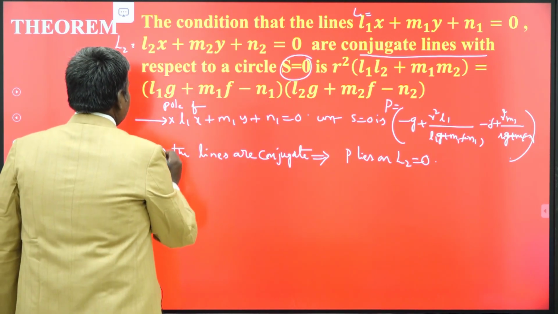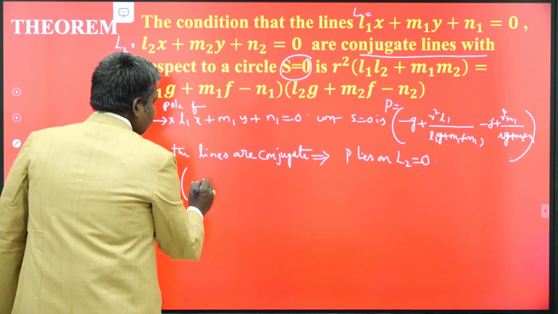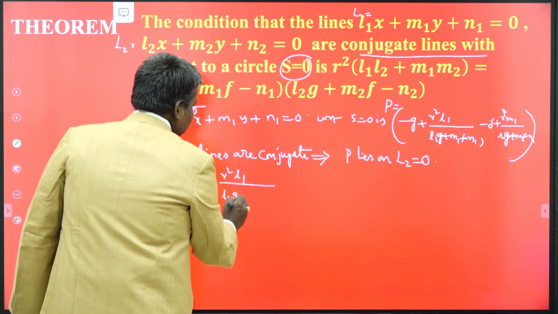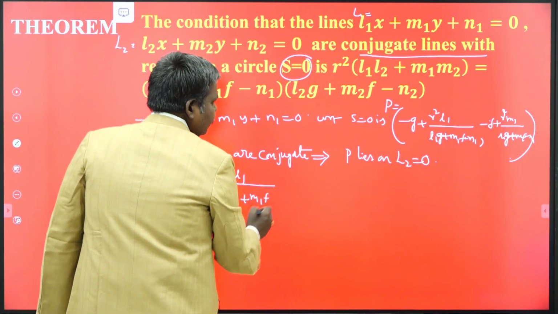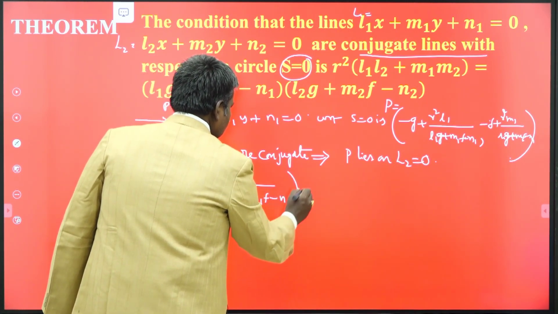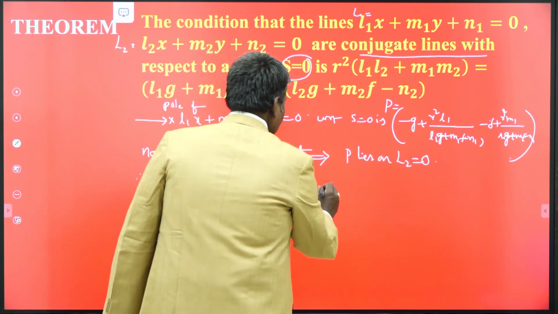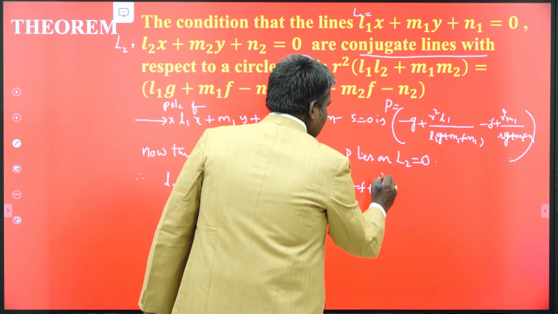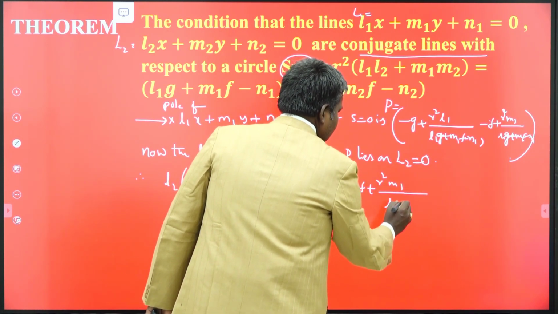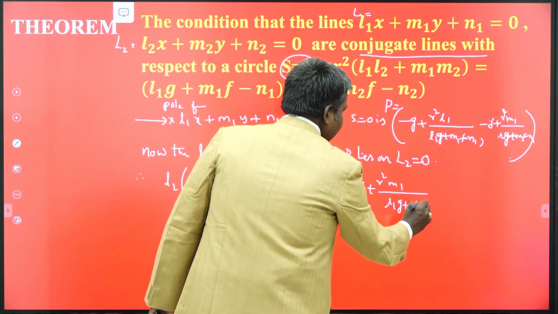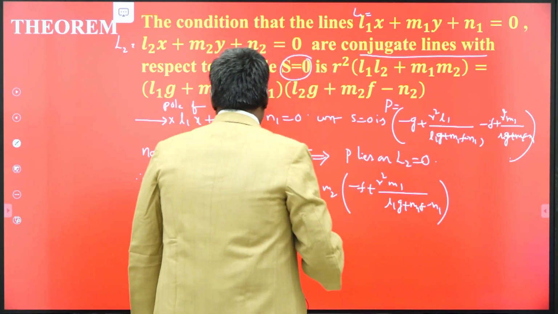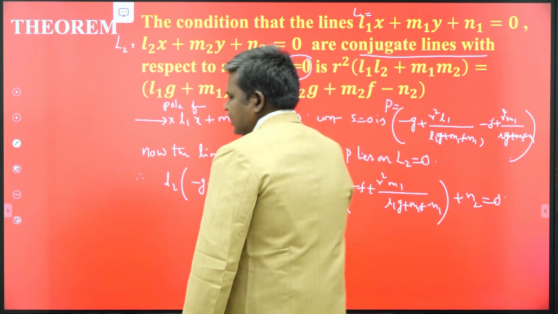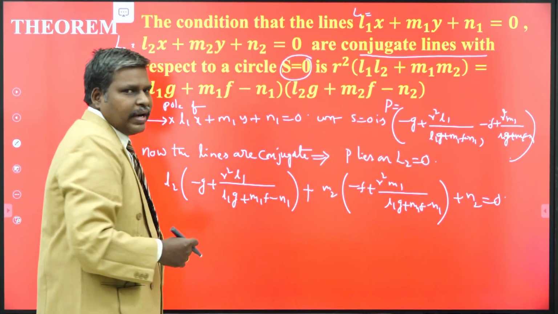We get L2 times (−G + R² L1 / (L1 G + M1 F − N1)) + M2 times (−F + R² M1 / (L1 G + M1 F − N1)) + N2 = 0. Just by simplifying this equation, we obtain the required condition.